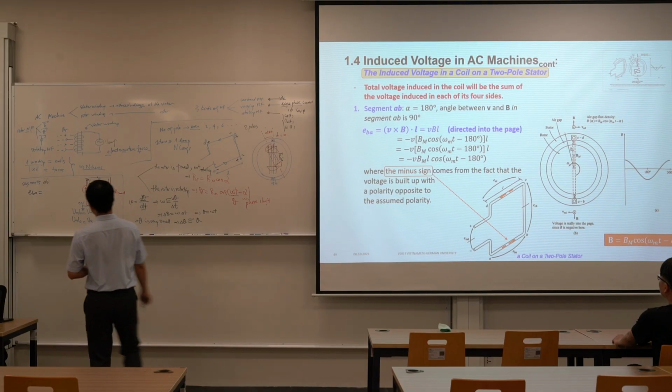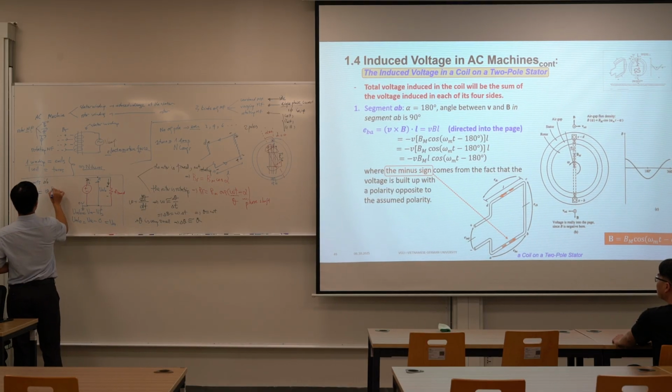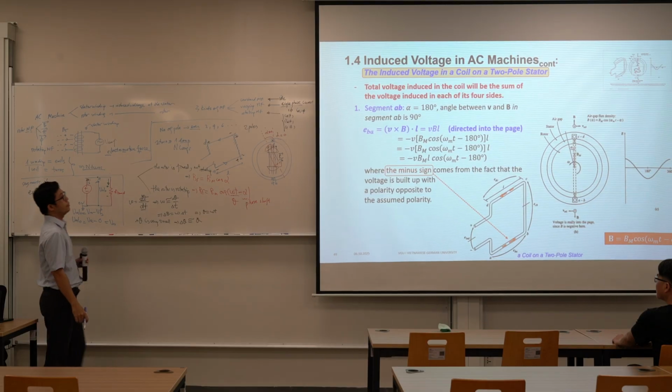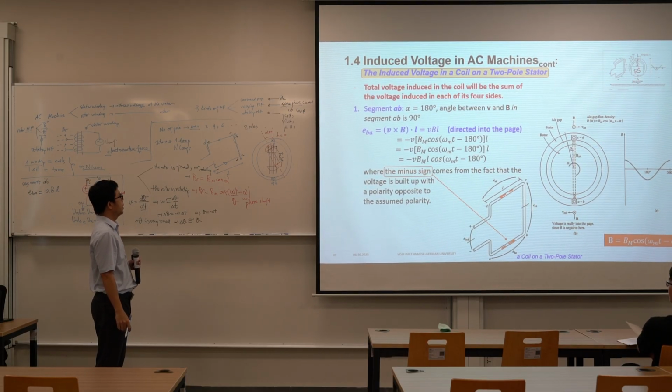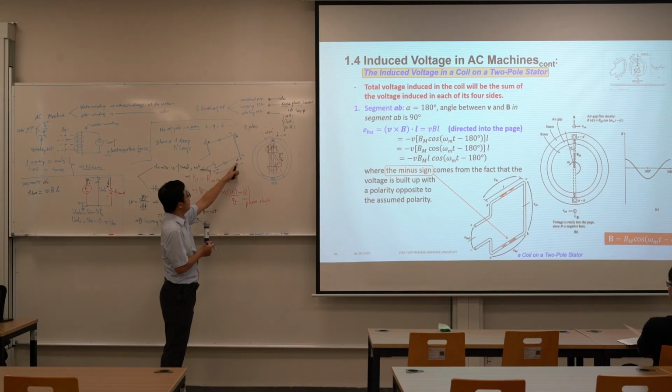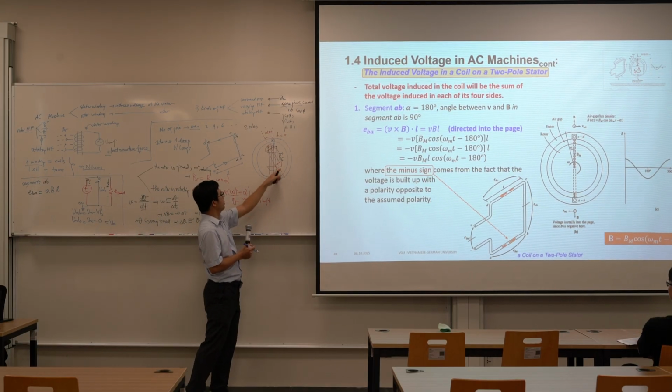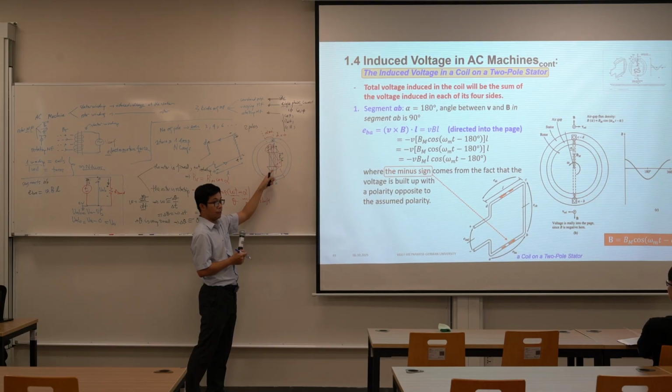EVA is V B L. Why? Because the segment AB is perpendicular to the magnetic field direction.